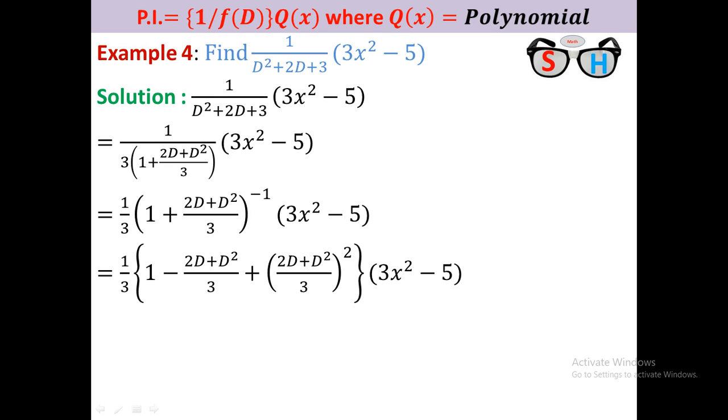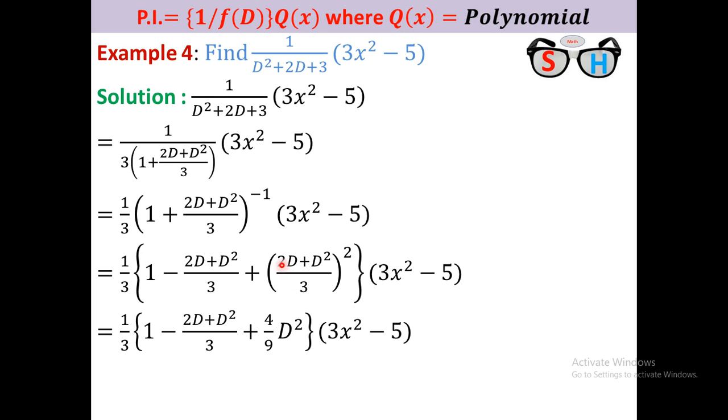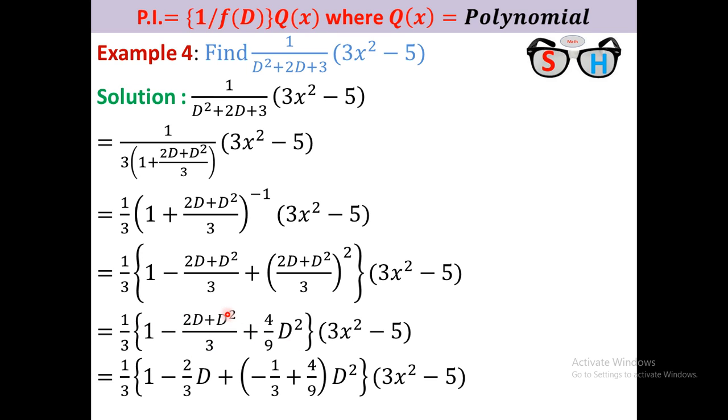Then you have to take at most D square. The result will be 1/3 (1 minus 2D plus D square by 3), here 4 by 9 D square. Now we simplify that. 1/3 of 1, and the coefficient of D is minus 2/3, and the coefficient of D square is here minus 1/3, here 4 by 9. Okay, now we simplify the result.